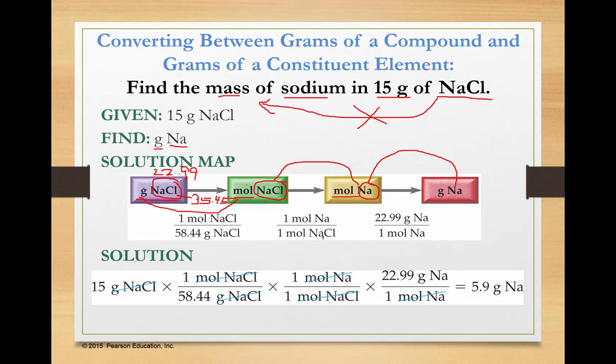This is just sodium from the periodic table, so I can look up that number. There's the 22.99 grams in every 1 mole. Now I can plug these all in. I start with my 15 grams that they gave me. I plug this one in, let grams cancel out, and it leaves me with moles of sodium chloride. Then I plug this one in, 1 mole of sodium to 1 mole of sodium chloride.